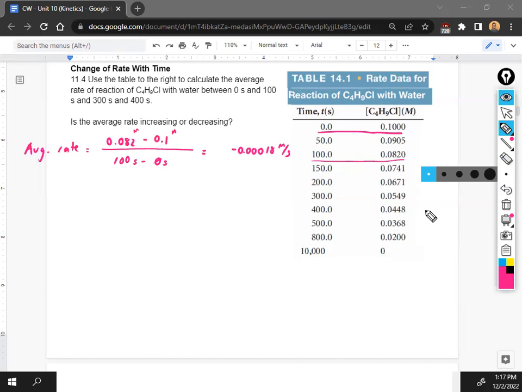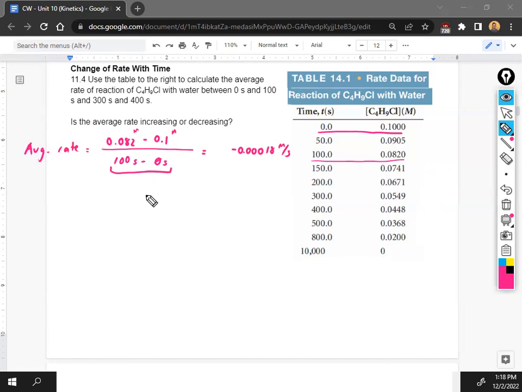So it's decreasing that much over this time span, between 0 and 100 seconds. That's the average change from 0 to 100 seconds.